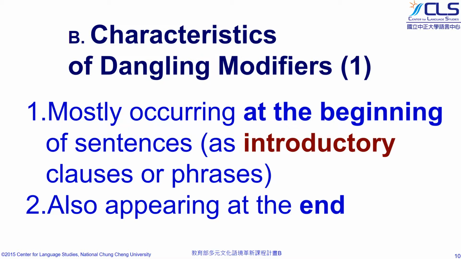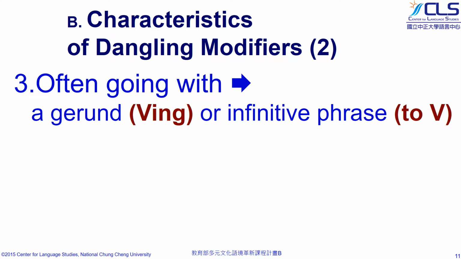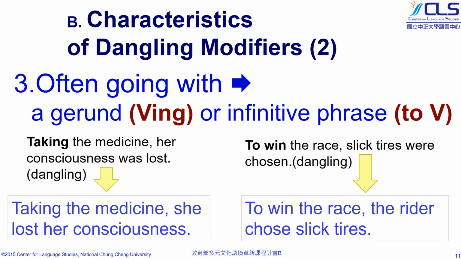Most dangling modifiers occur at the beginning of sentences as introductory clauses or phrases. Some of them can appear at the end of the sentence. You can usually find a gerund or infinitive phrase near them. Here are two examples of dangling modifier that occur with a gerund or infinitive phrase and their revisions.